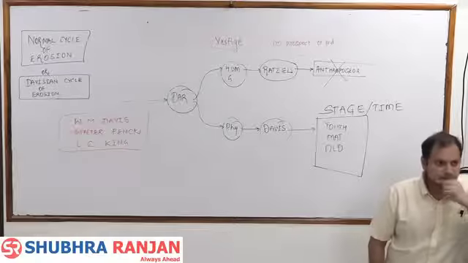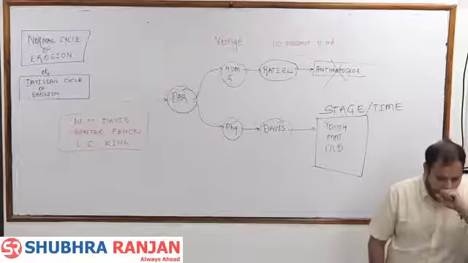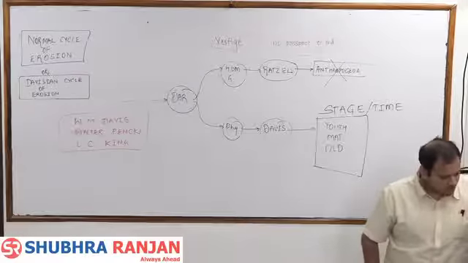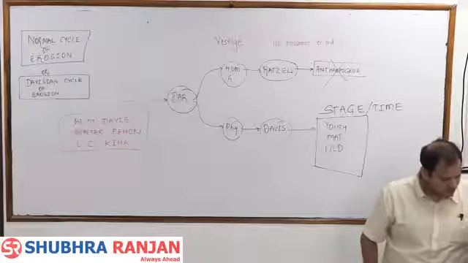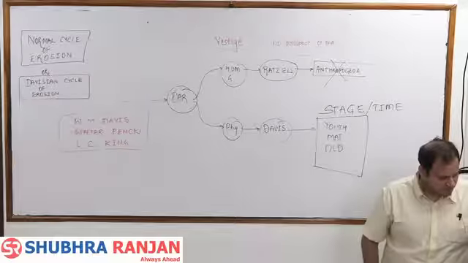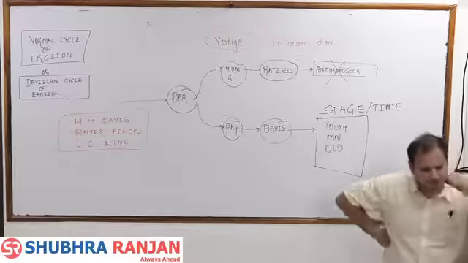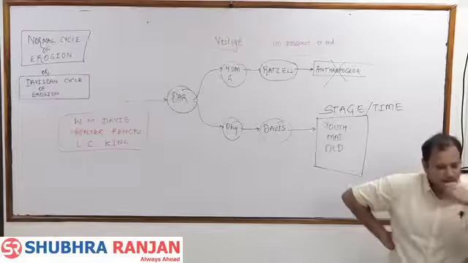Next paragraph. W.M. Davis published his geographical cycle of erosion in 1899. If you remember the year, that is very good.